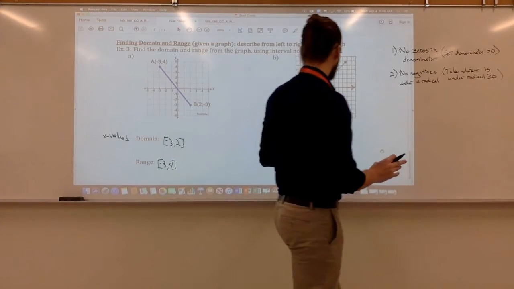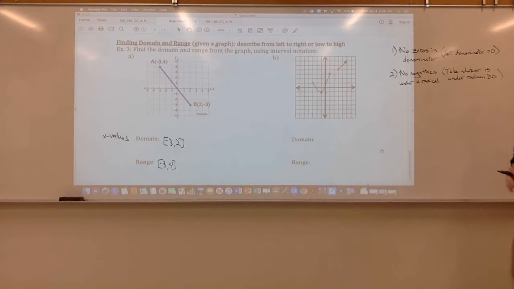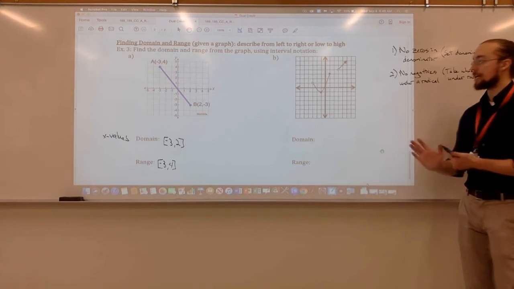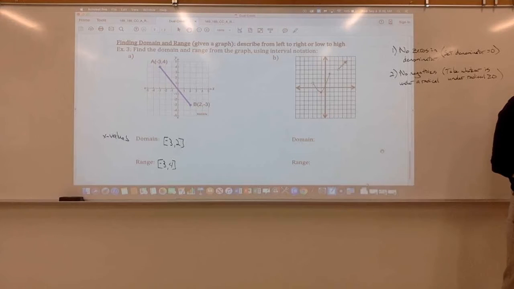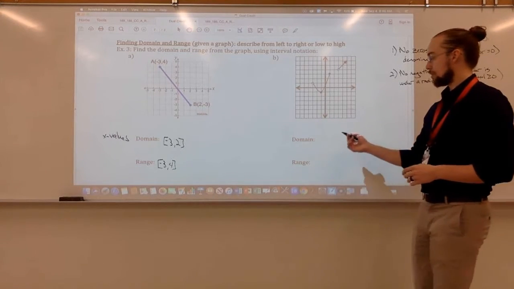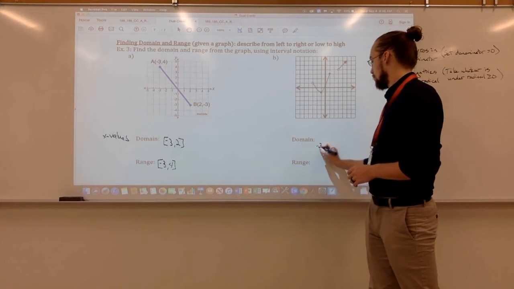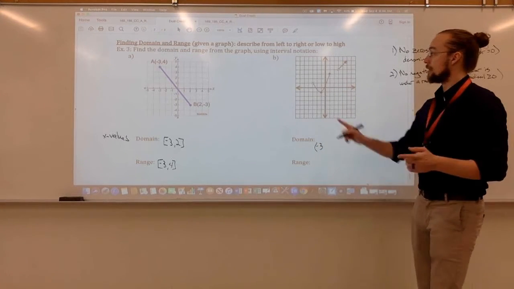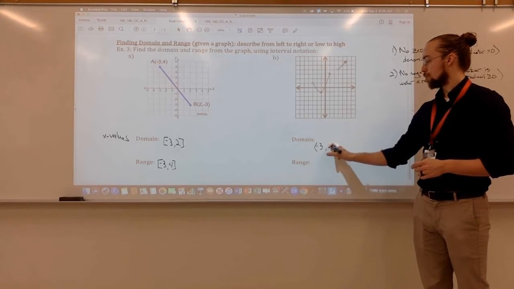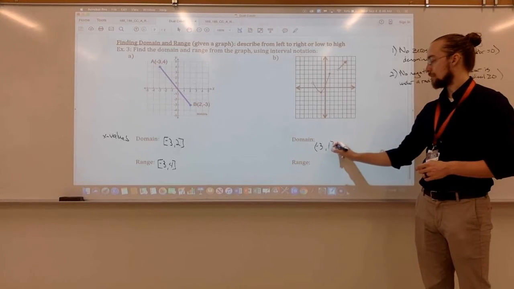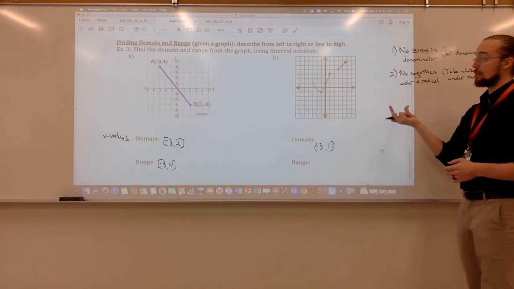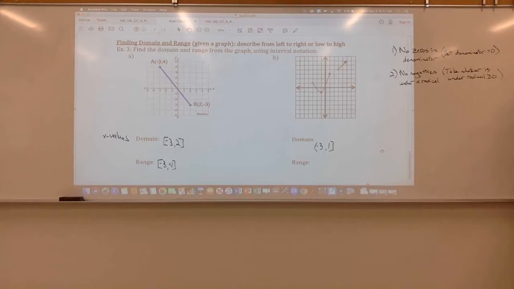All right, the second one, we've got some holes in this graph. So how would I describe the domain, all of the x values that we reach? What's the smallest x value that I get to? -3, is that included? No. -3 to 1, is 1 included? Yes. And then I've got a break and a jump in the graph.